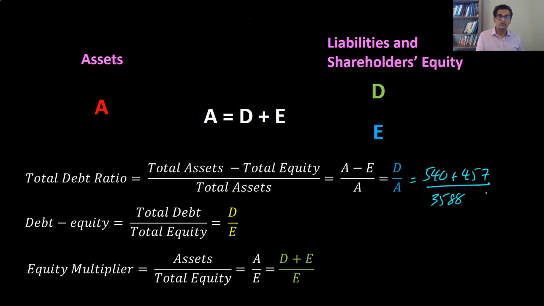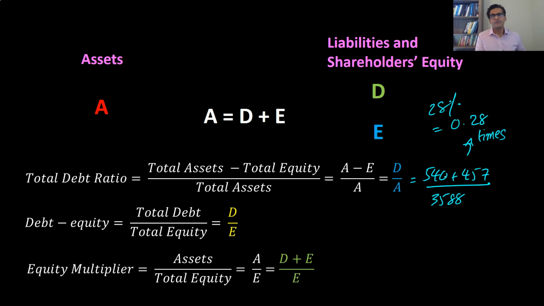If you do this math, I'm kind of running out of space on this one, you'll find that this is 0.28. So you can either write this as 28%, or you can say 0.28 times, meaning that for every $1 that you have in assets, you have about 28 cents or 0.28 times that in debt, total debt, both short-term and long-term. Okay, so that's what this is saying.